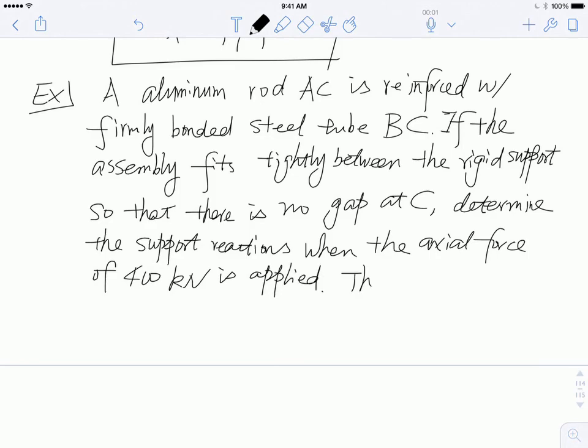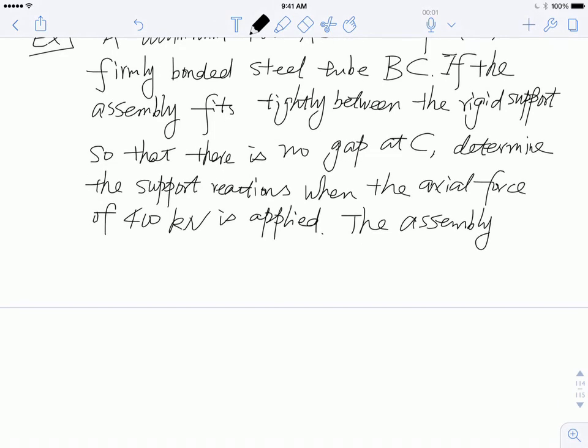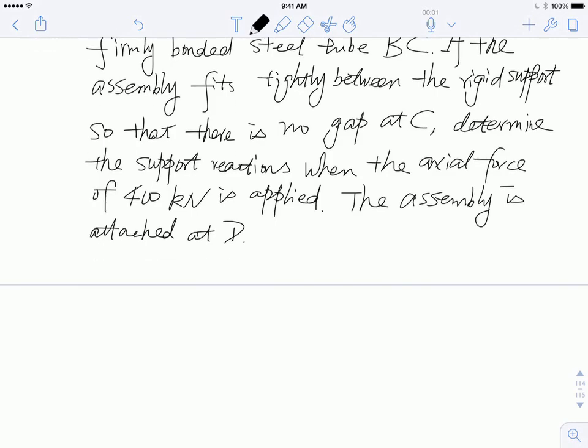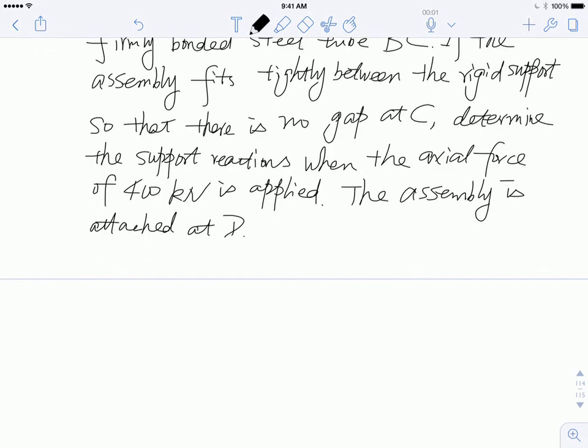So one last condition is the assembly is attached at point D. Okay, so it's a little bit more complicated than that, but it's not that bad.